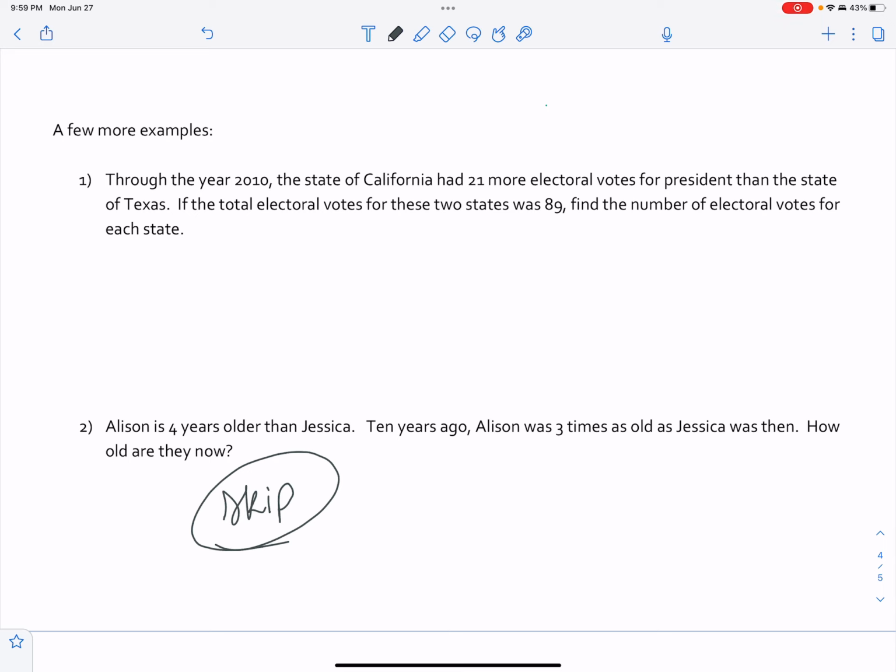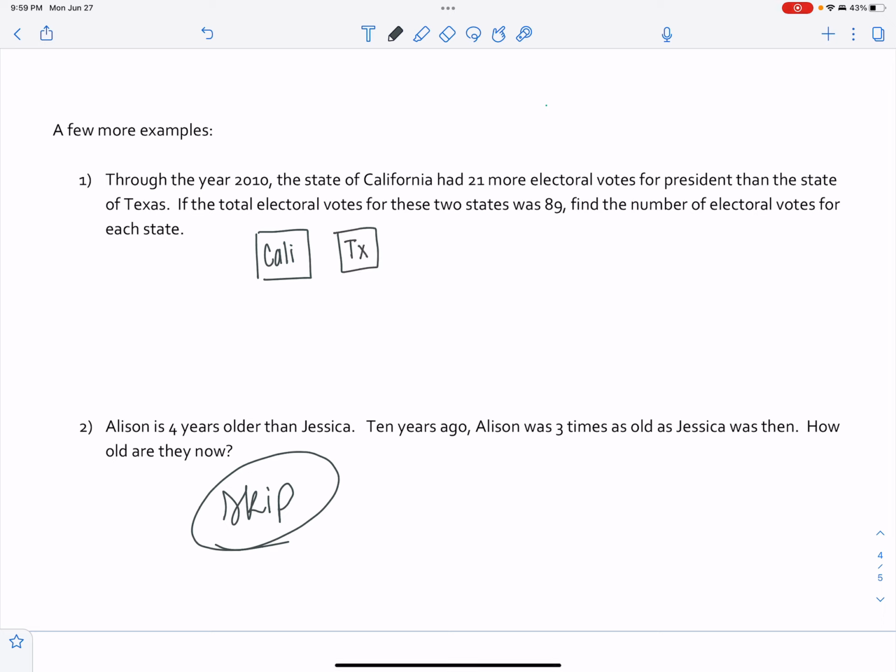Through the year 2010, the state of California had 21 more electoral votes for president than the state of Texas. If the total electoral votes for these two states was 89, find the number of electoral votes for each state. Okay, so I'm going to have two variables. I have the total votes for California and the total votes for Texas.